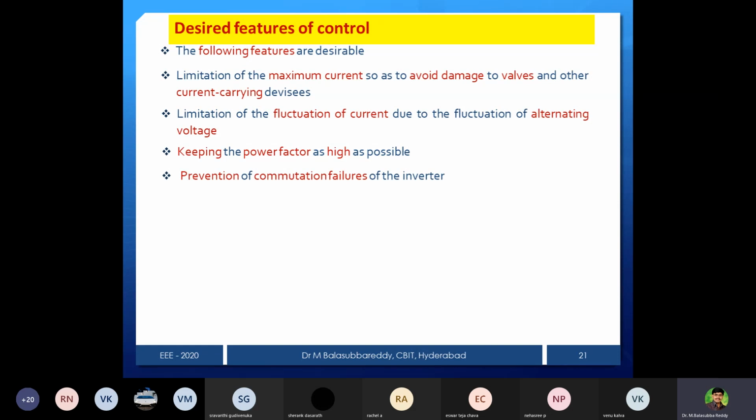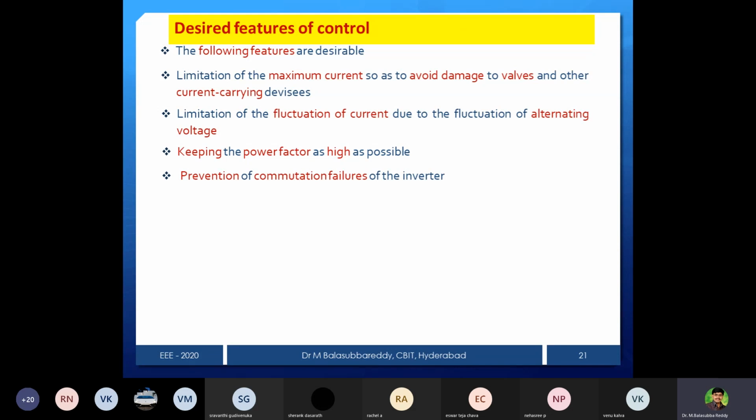Suppose devices 1 and 2 are operating, and the next device has to be 2 3. If 1 is unable to turn off and 3 is on, then automatically commutation failure takes place. Then 1 and 3 are going to conduct. If 1 and 3 are conducting, automatically we will get a drop, because only the A phase and B phase average is coming to the load side.